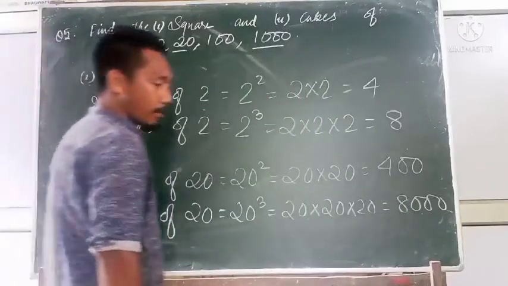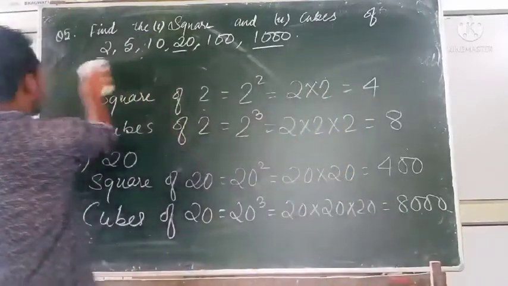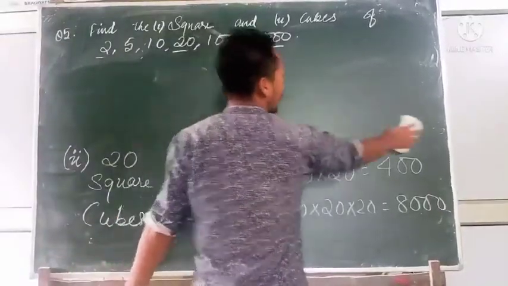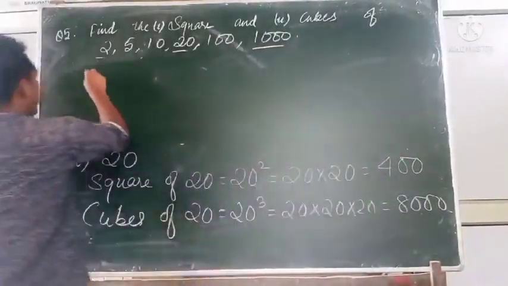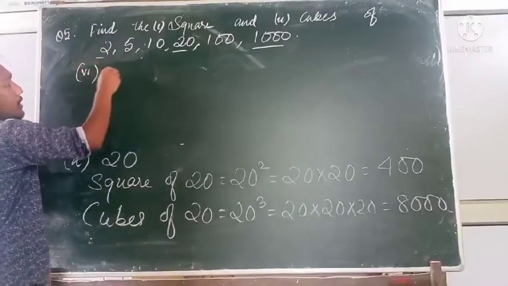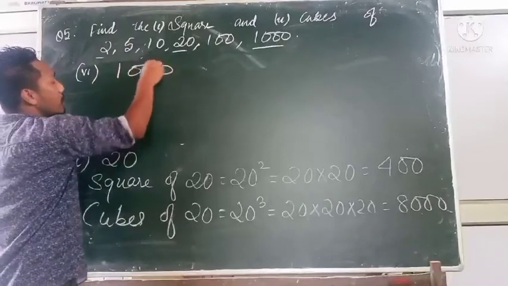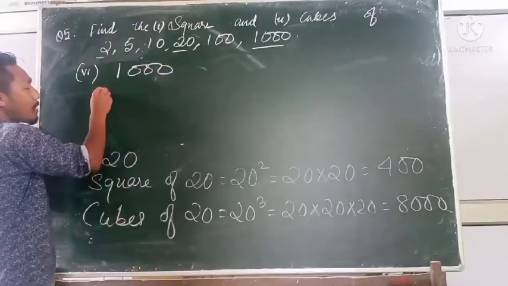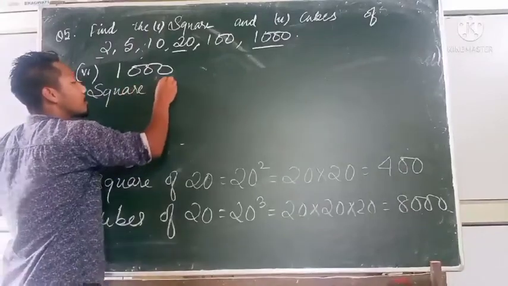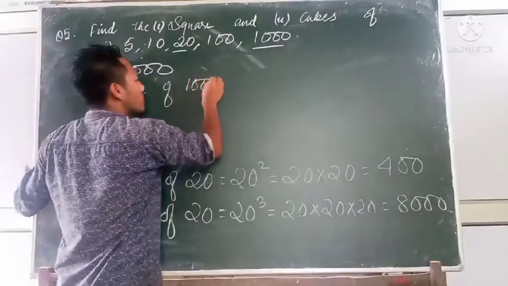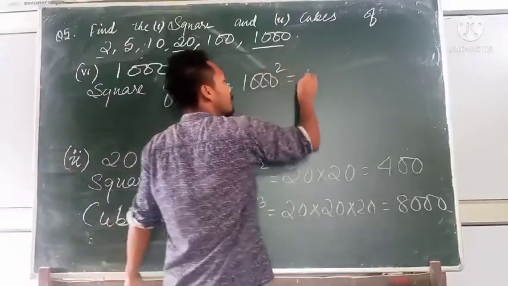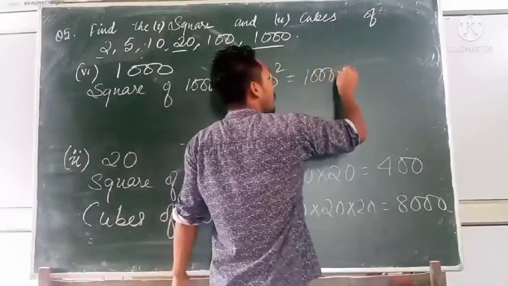Similarly, the next question is 100, and then 1000, number 6, that is 1000. Squares of 1000 is what? 1000 power 2, that means 1000 into 1000.